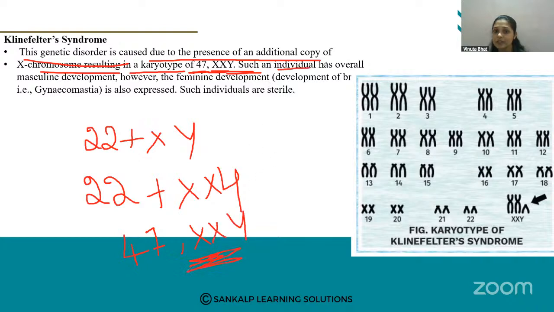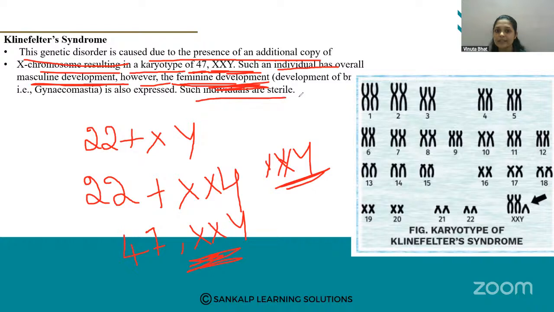Such an individual has overall masculine development, however feminine development also occurs. XY is the male, right? But here XXY is there, so masculine development, male characters will develop. However, some female characters like ovaries and breast development also occur.